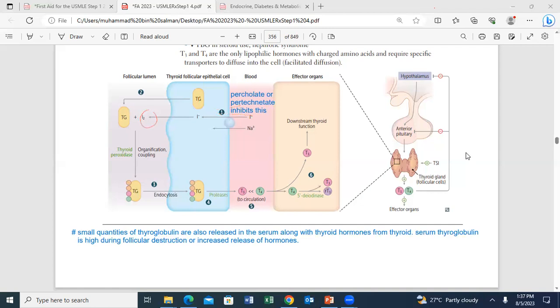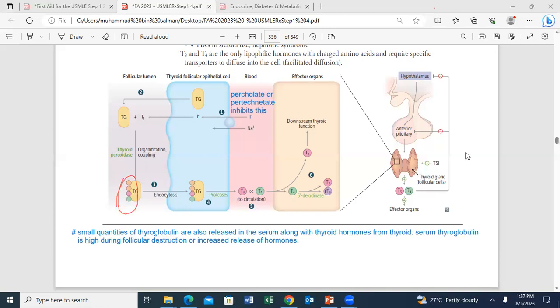Now, there is an important protein called thyroglobulin, represented by this capsule-like diagram and labeled TG. Thyroglobulin provides a scaffold, or a platform, on which thyroid hormones can be produced. Thyroglobulin has several tyrosine molecules, represented by these circles.